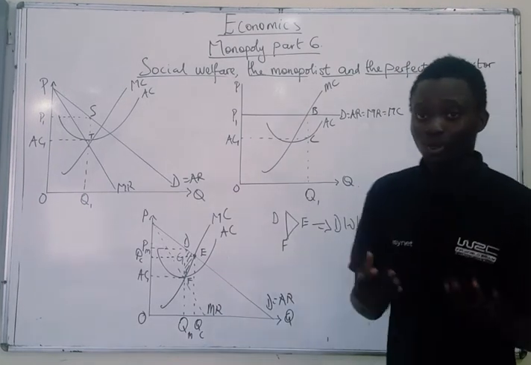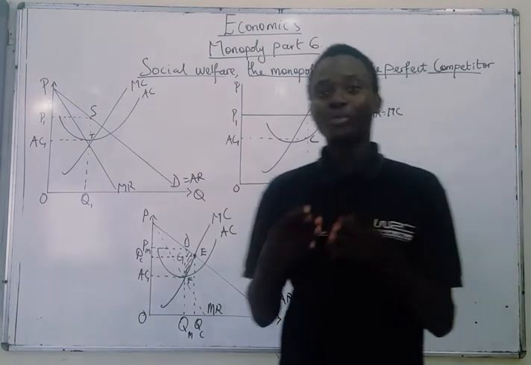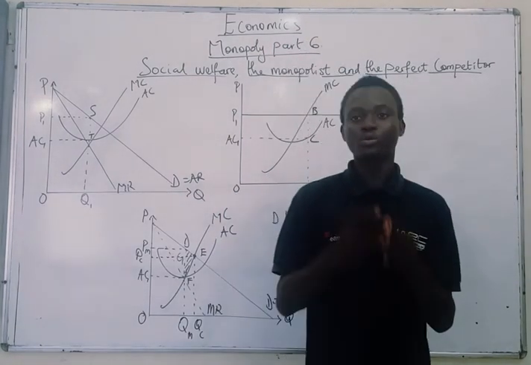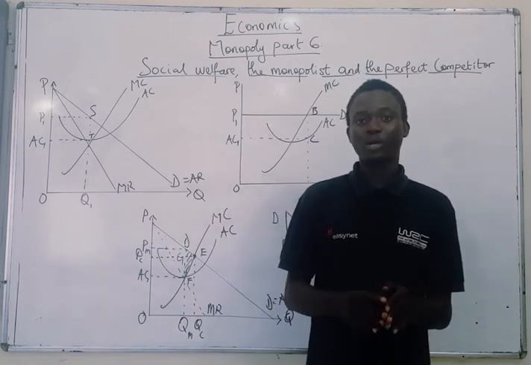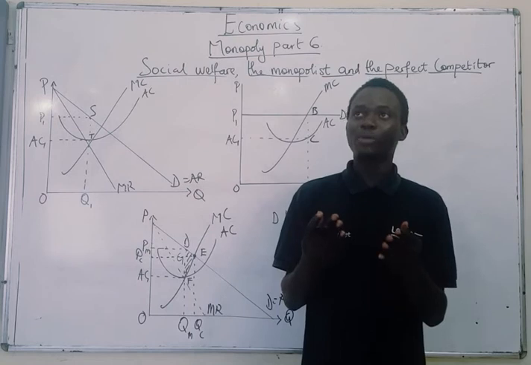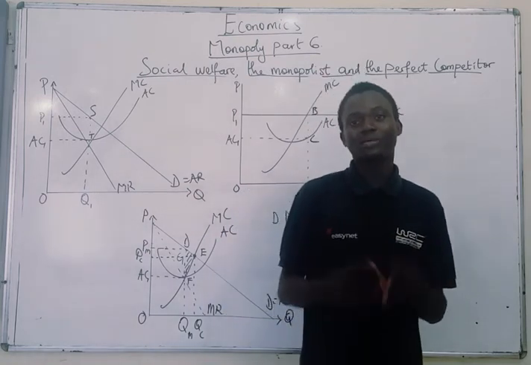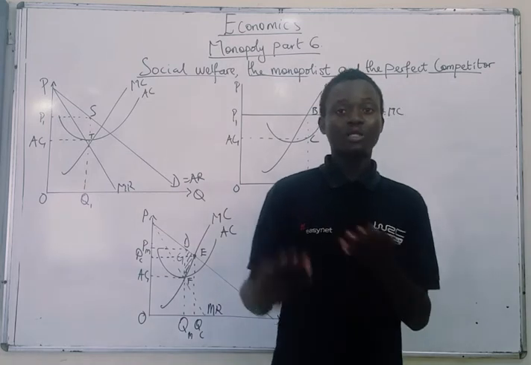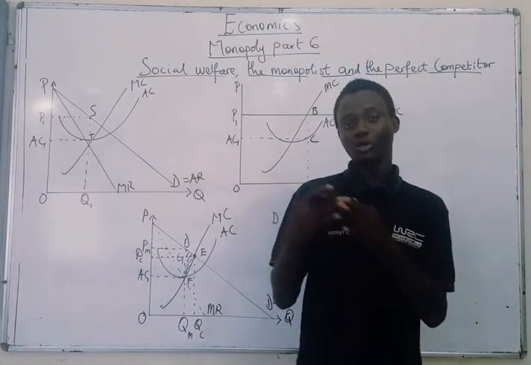So what is consumer surplus? Consumer surplus is simply what is left between the maximum price a consumer is willing to pay for a product and the market price. So if a consumer decides to buy a product for maybe 50 naira and then gets to the market and discovers that the price actually goes for 40 naira, then 50 minus 40, which is 10 naira, is his consumer surplus.